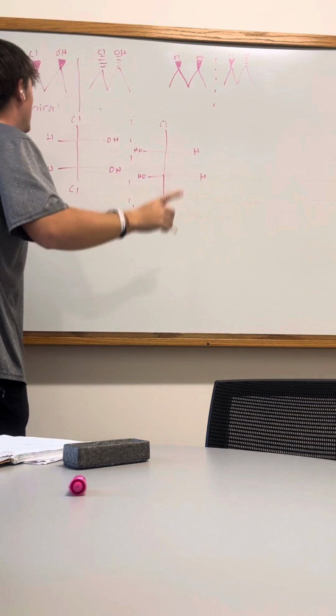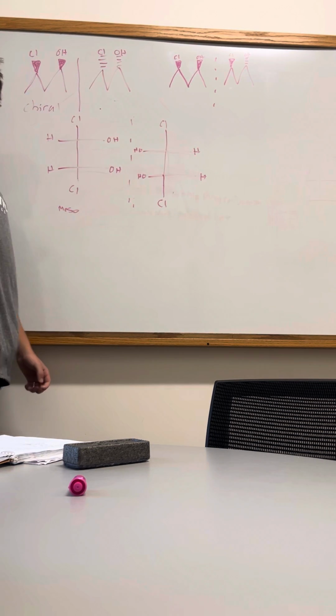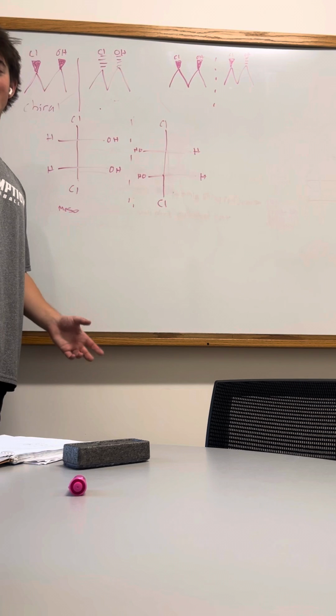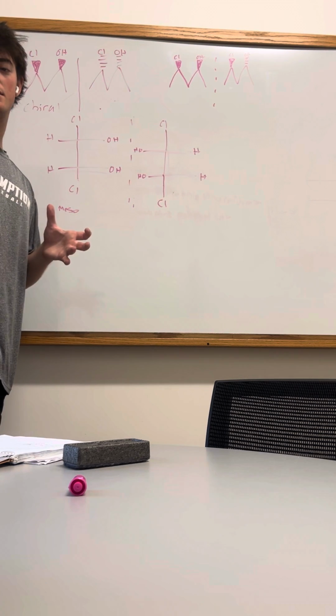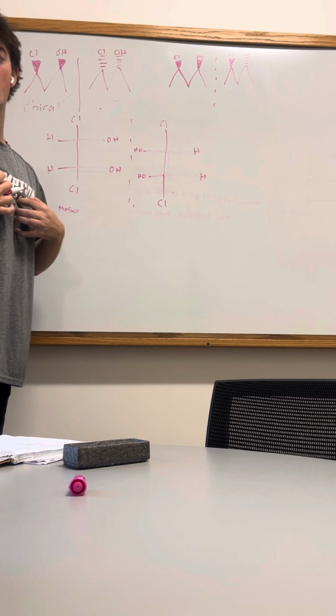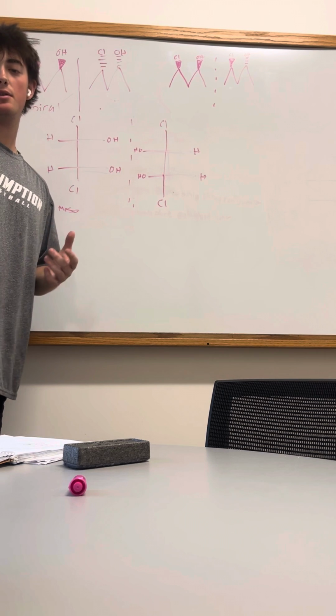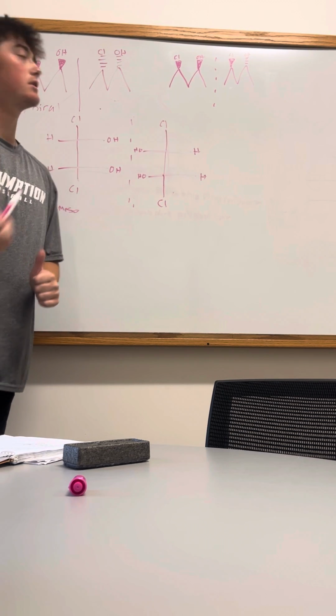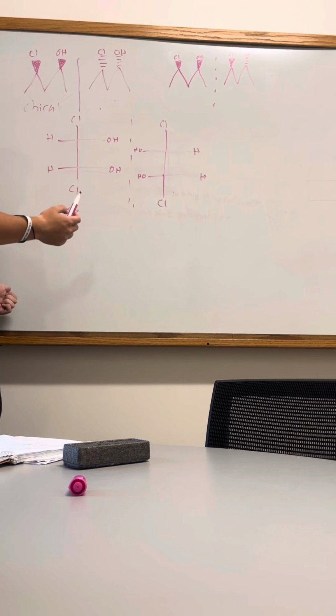Okay, so now what I'm gonna do is show exactly, I know we're not supposed to do it yet, but in my head I want to show you that I can actually do it. So I'm gonna show you the R and the S and pretty much explain that.